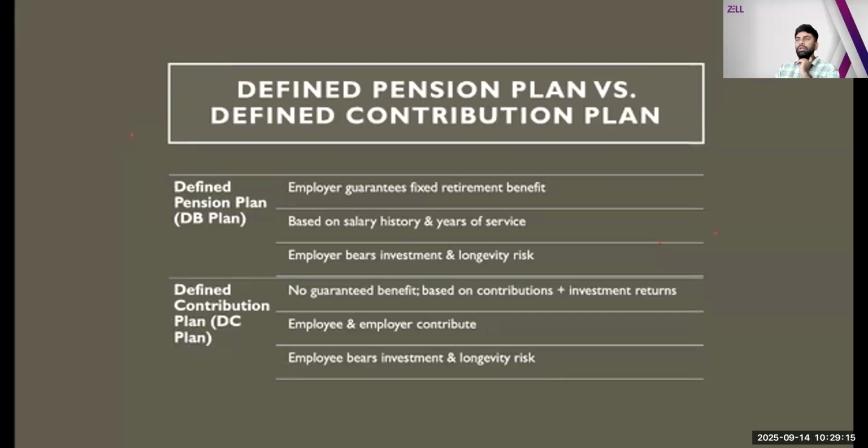Say for example, suppose your provident fund contribution is 5,000 per month, and your employer is also contributing 5,000 per month. So how much investment is being made every month? 10,000. Over a period of 30 years, the amount of funds accumulates, right?